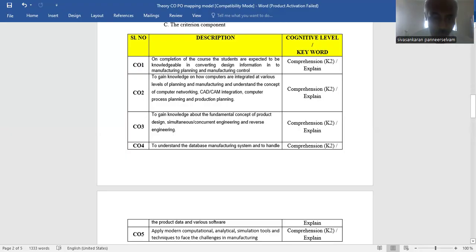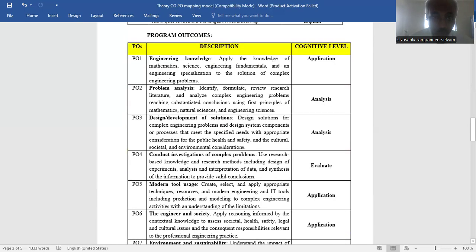These are the 5 major course outcomes, and they will differ from one subject to another. For the given course outcomes, we need to map all 5 with the 12 program outcomes. The program outcomes remain the same for all branches in engineering.